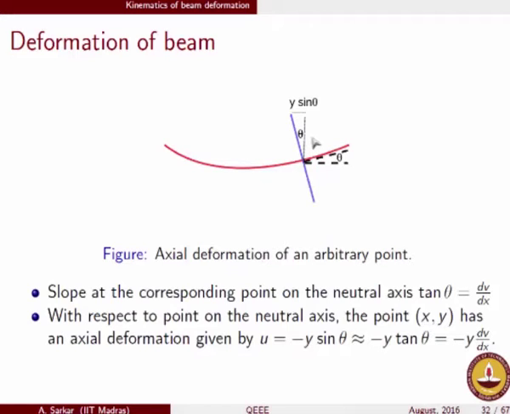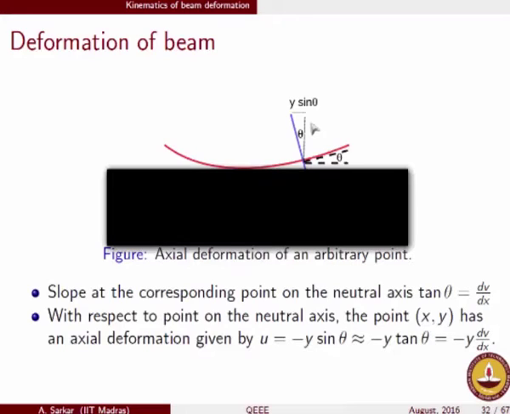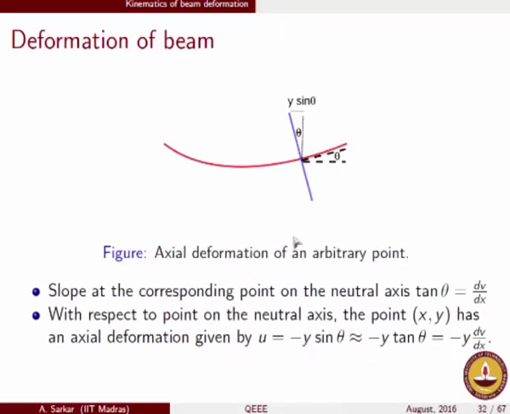To remain perpendicular, it has to get tilted, which means the top point of this blue line will move by a distance y sin theta. What is the topmost point here? The topmost point is at a location y. Let me draw this picture once more on my tablet. Okay, so u is minus y sin theta.